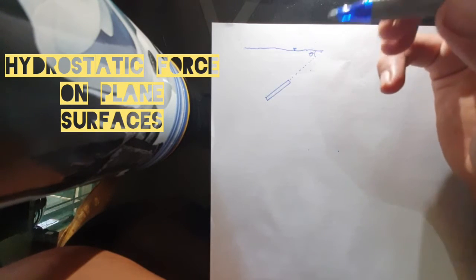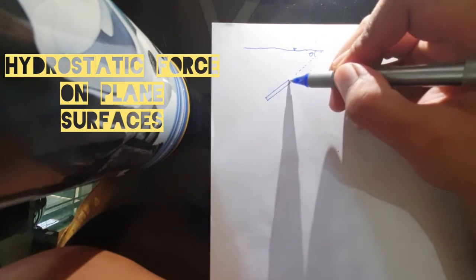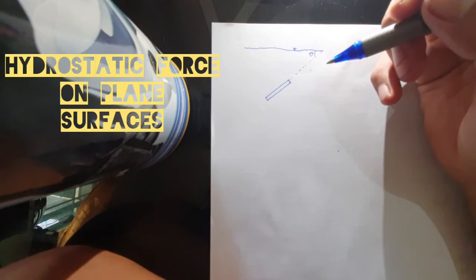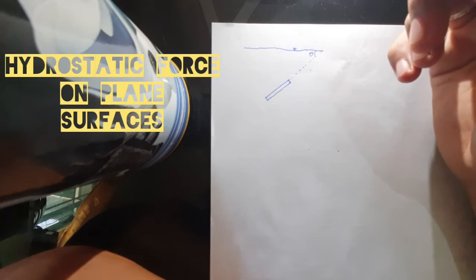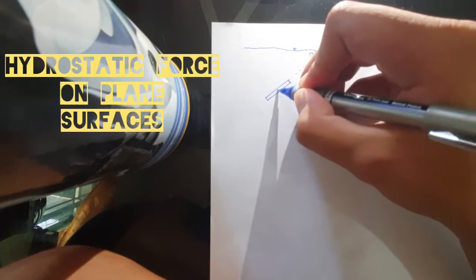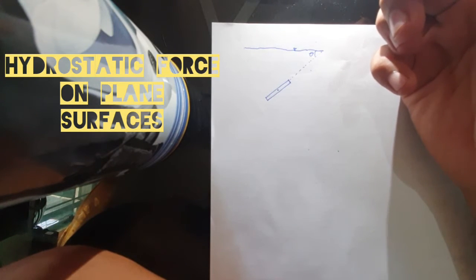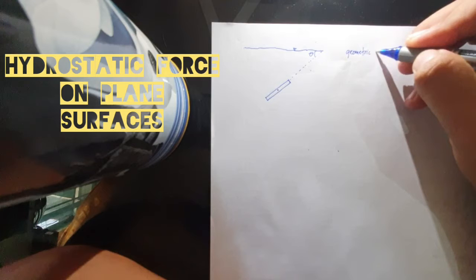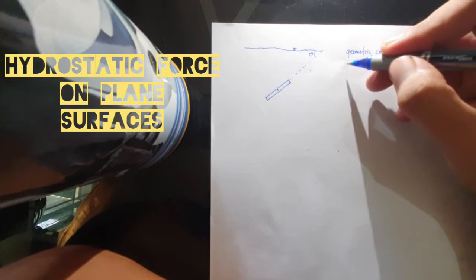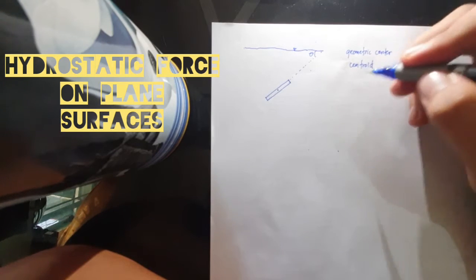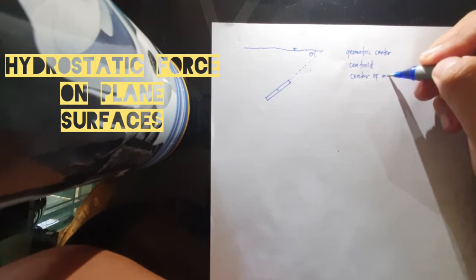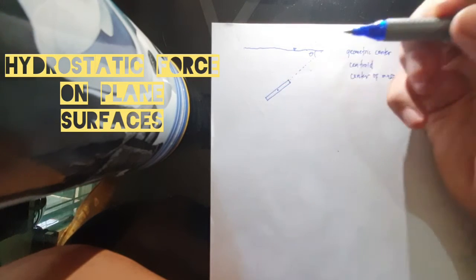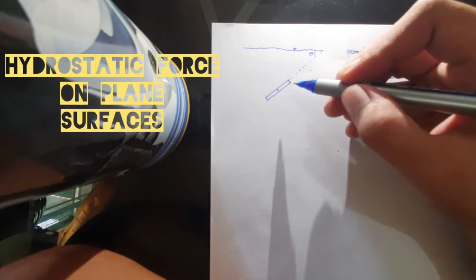Let us remember that for any surface submerged in a liquid or a fluid, we have two centers. We have the geometric center, or the centroid, or the center of mass, which applies to the centroid of your object.